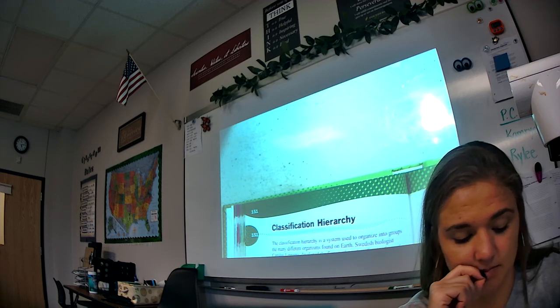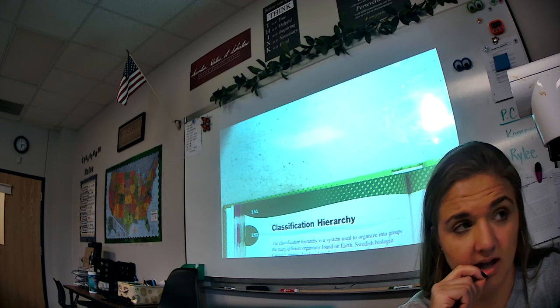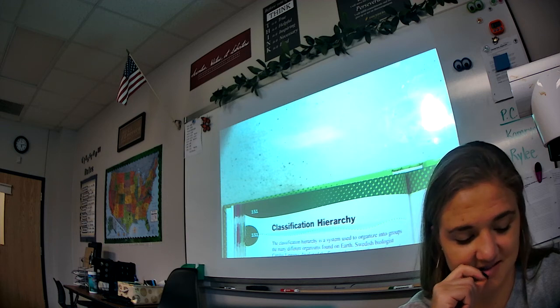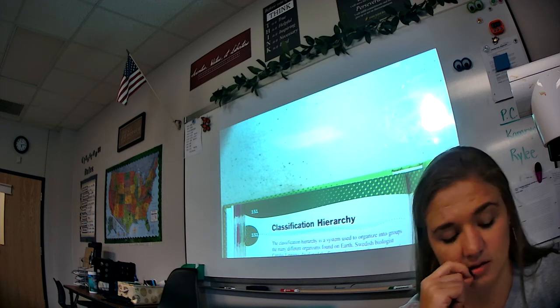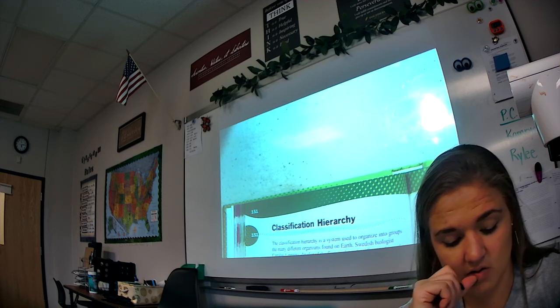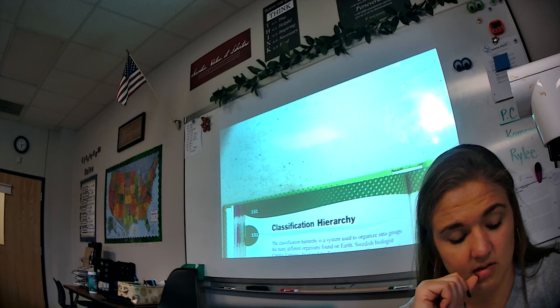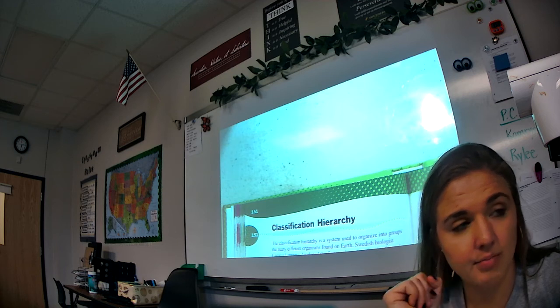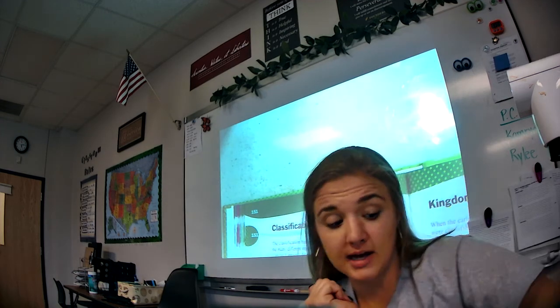The domains Archaea and Bacteria have only one kingdom each. The domain Eukarya has four kingdoms: plants, animals, fungi, and protists.